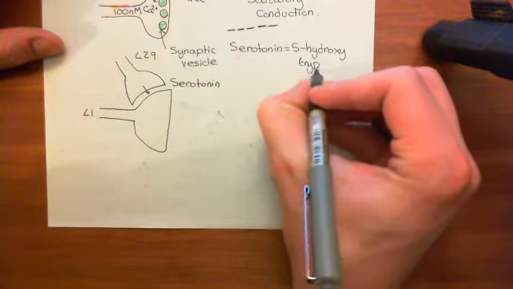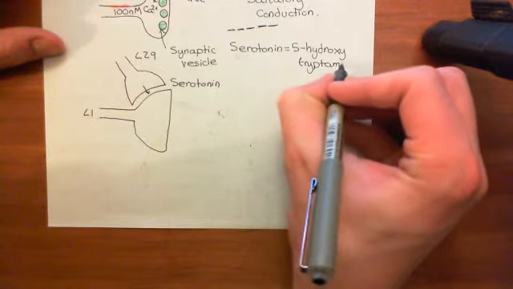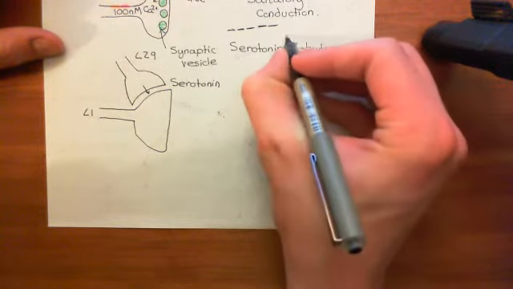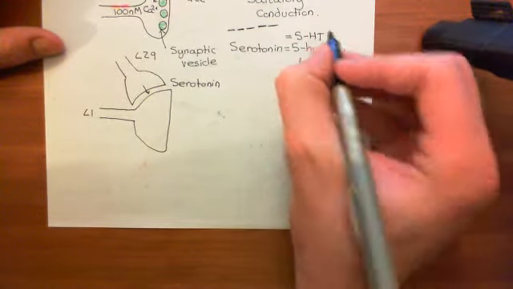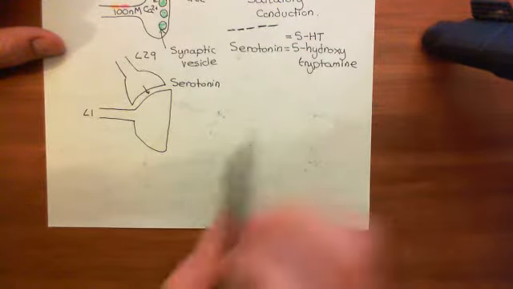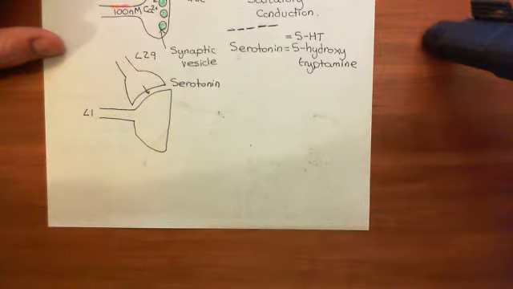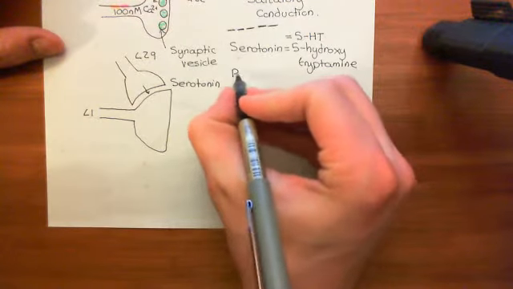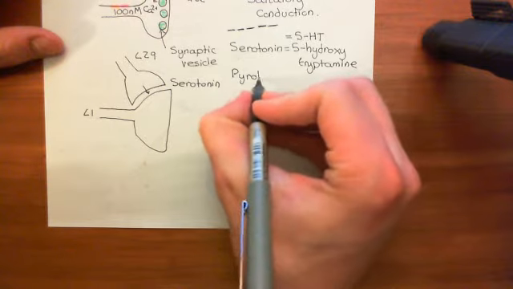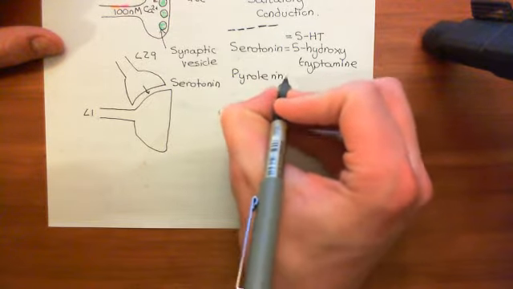Before we can discuss the structure of 5-hydroxytryptamine, usually abbreviated to 5-HT, with H for hydroxy and T for tryptamine, we need to discuss the structure of the pyrrole ring and also the indole ring.